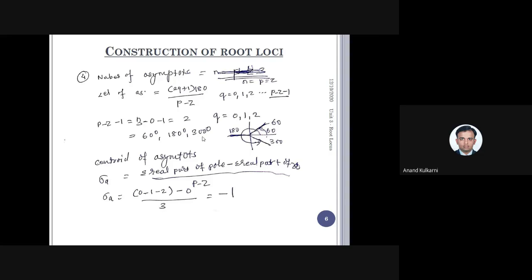You can calculate also. Then if P minus Z is 3, our case, the angles are 60, 180, 300. If P minus Z is 4, then the angles will be 45, 135, 225 and 315. That means they are 45 degrees apart.